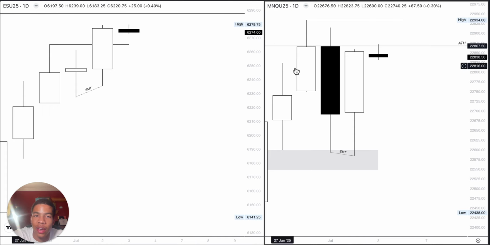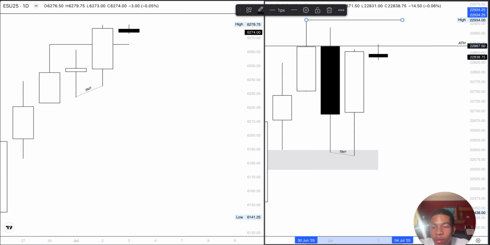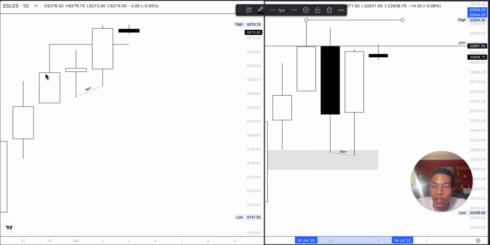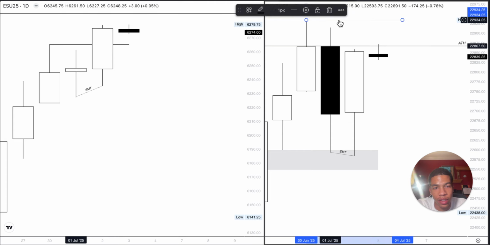So with NASDAQ, we have seen that these highs of June 30th have been reached on ES, while on NASDAQ they have not yet been reached. So what does that give? That we wait to see this candle or the candle after likely reach into these highs of June 30th, of Monday.